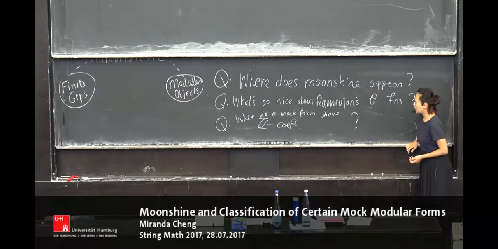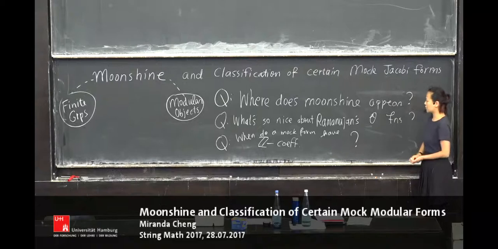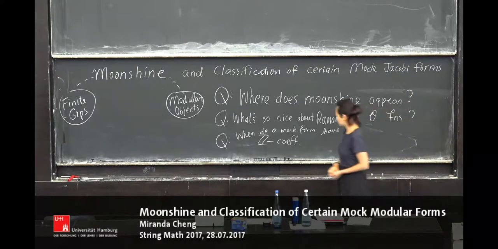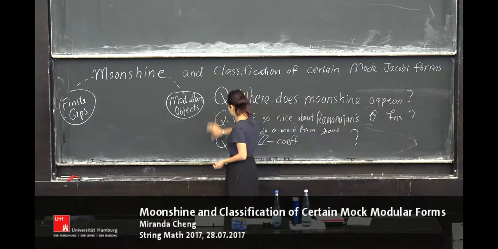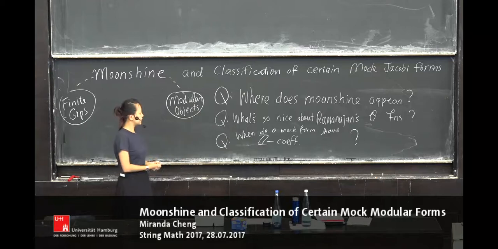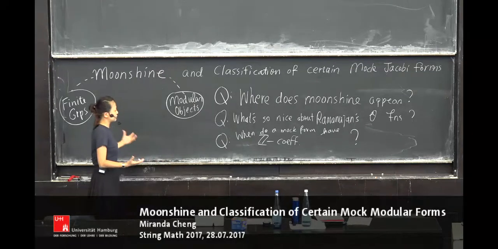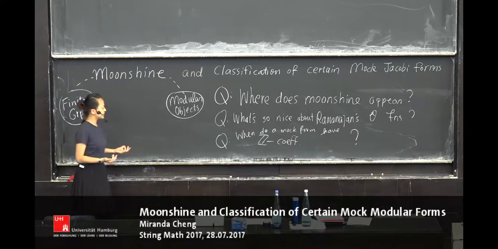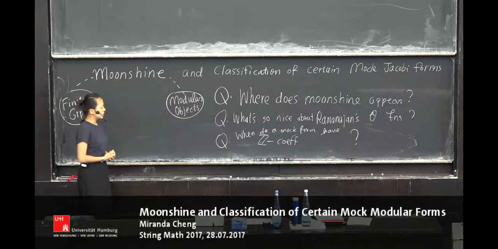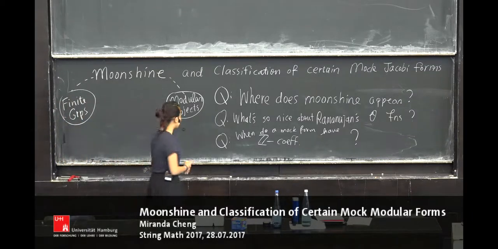Okay. So the results in terms of the classification, I think, sufficiently answer these questions. And it has some very nice features. For instance, you can sort of rediscover Niemeier lattices from mock Jacobi forms, surprisingly. But it also points to some surprises.